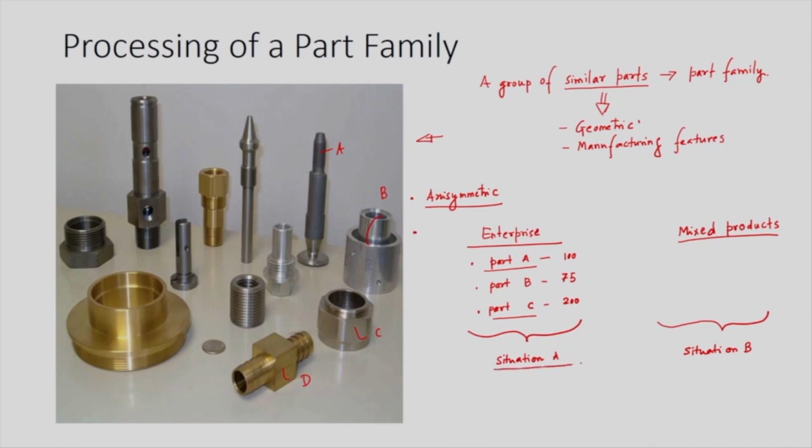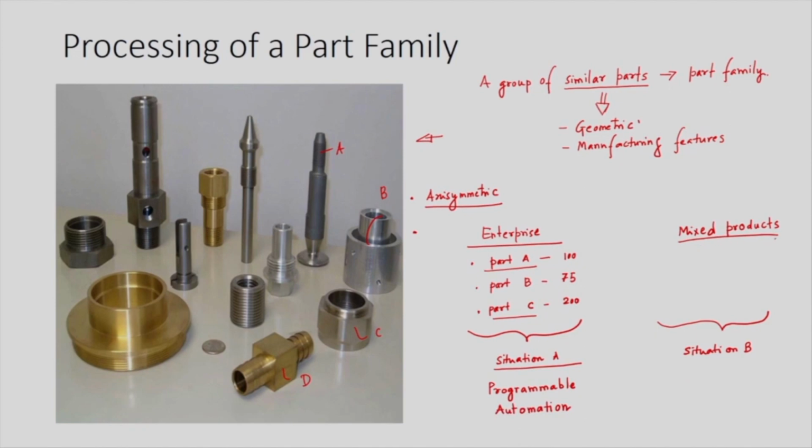For situation A, when we have the equipment which will cater to part A, part B and part C, but we have to reprogram it according to the design of parts A, B and C, that we call the programmable automated system, or this entire process is called programmable automation.